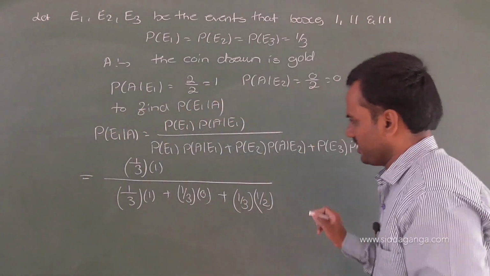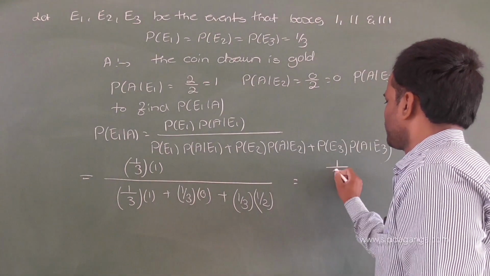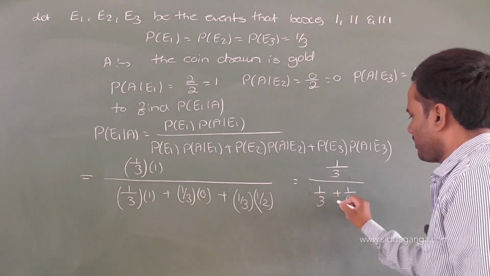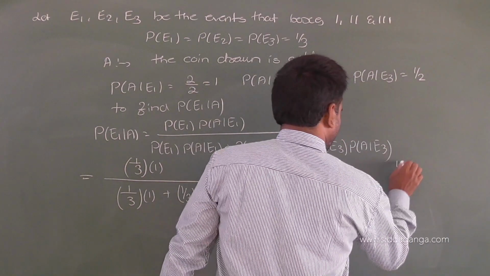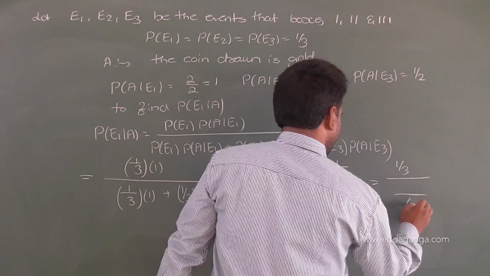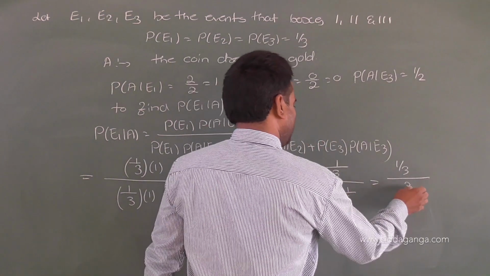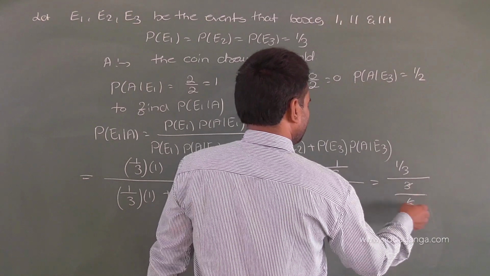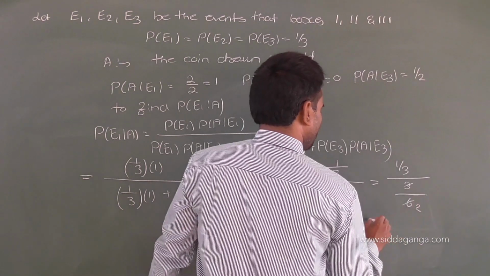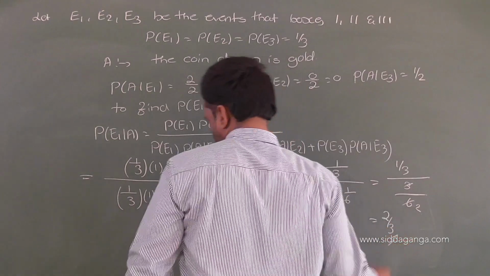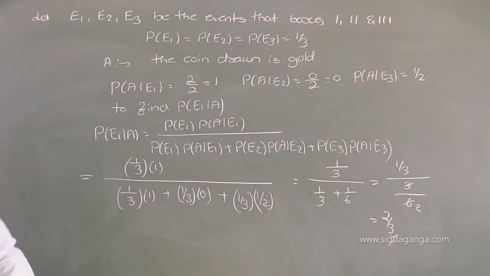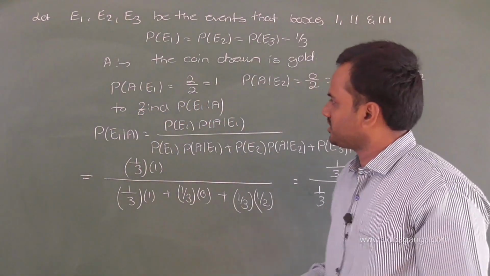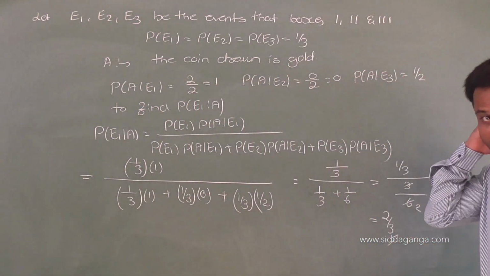Simplify it, very simple simplification. 1 by 3 plus 1 by 6. The LCM is 6, so 2 plus 1 over 6, giving 3 by 6, and the answer is 2 by 3.